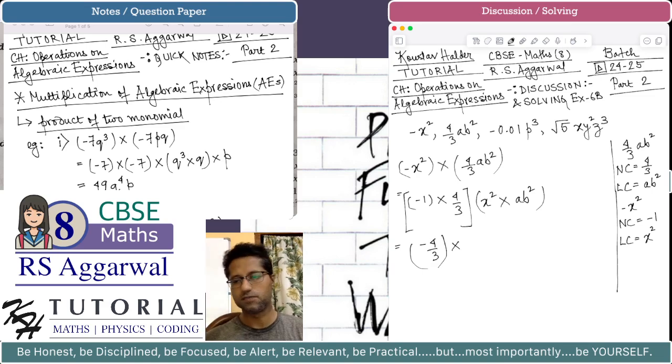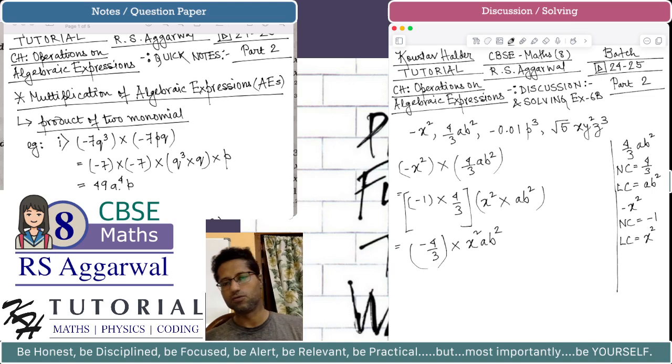The literal coefficient of a monomial can have multiple literal factors. We will combine the similar factors, by which I mean the literal is the same. So we will combine all the powers of x. We have only x square. And so this becomes x square a b square, because there is only a single power of the variables a and b.